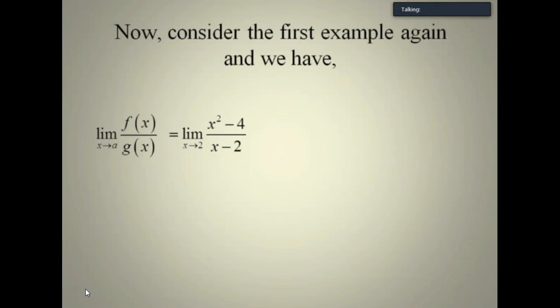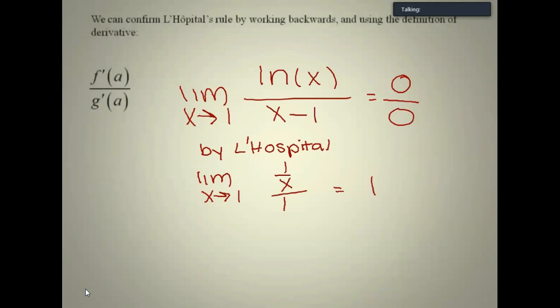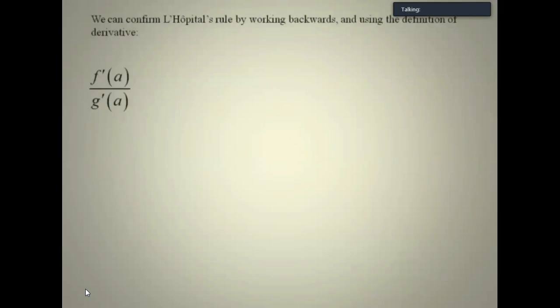We can do this by working backwards. So we can confirm this algebraically by working backwards. Again, I know how important it is sometimes to understand how it works. So let's take, for example, the definition of the derivative and look at a limit.